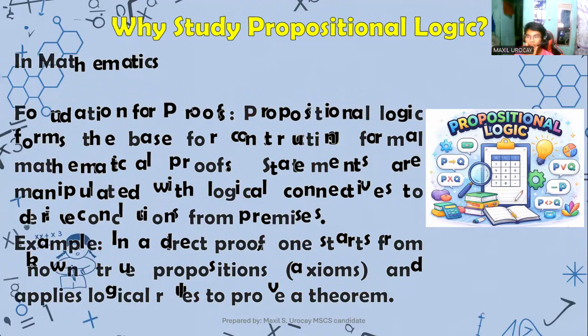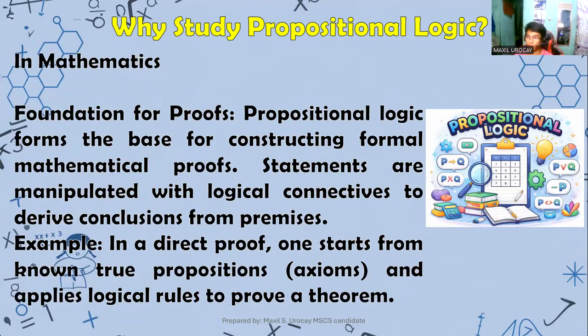Now, in mathematics, it is the foundation for proof. Propositional logic forms the base for constructing formal mathematical proofs, where statements are manipulated with logical connectives to derive conclusions from premises. So here, we're trying to work on whether the statement is either true or false, and we'll begin to check that based on the logic.